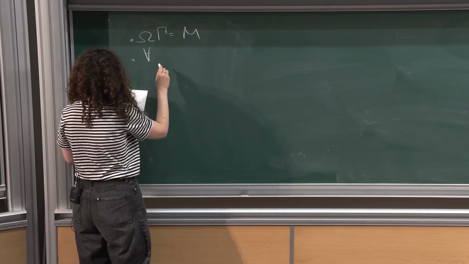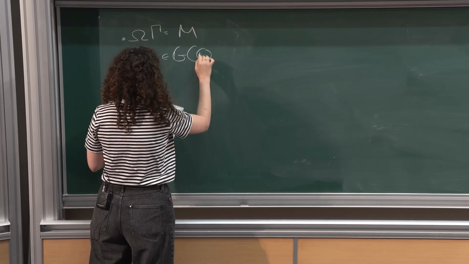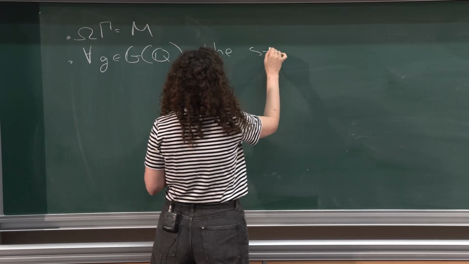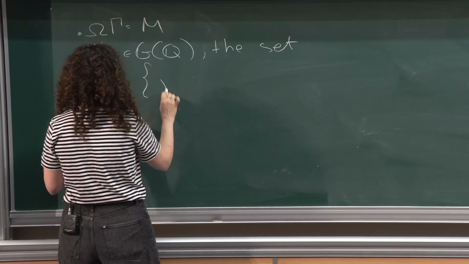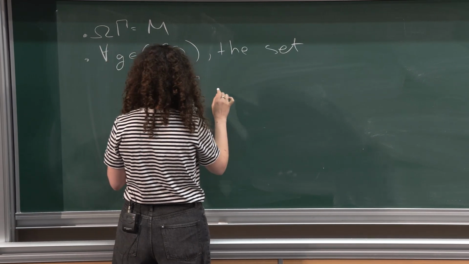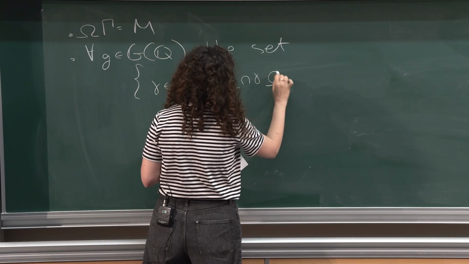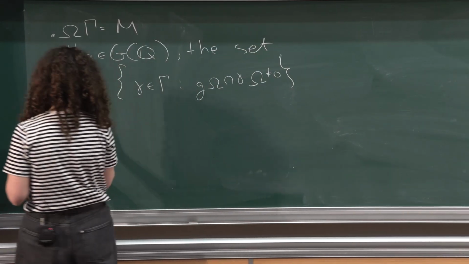And for any g in G_Q, the set of γ in Γ such that gΩ intersection γΩ is not empty is finite.